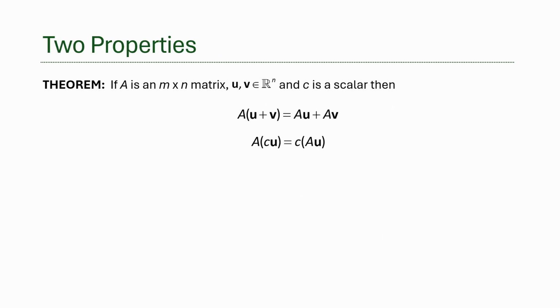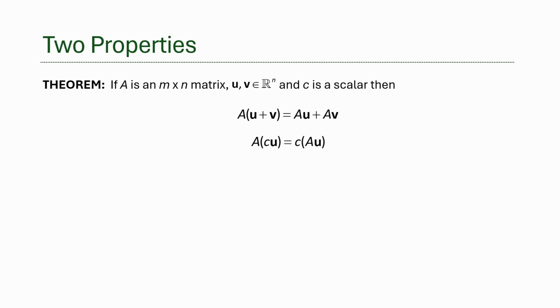Okay, so we have a couple of properties. These are fairly intuitive, I think. If we have a matrix and 2 vectors, then the first property, hopefully that looks familiar to you, is a distributive property. Matrix vector multiplication is distributive. We can distribute the A into the parentheses.